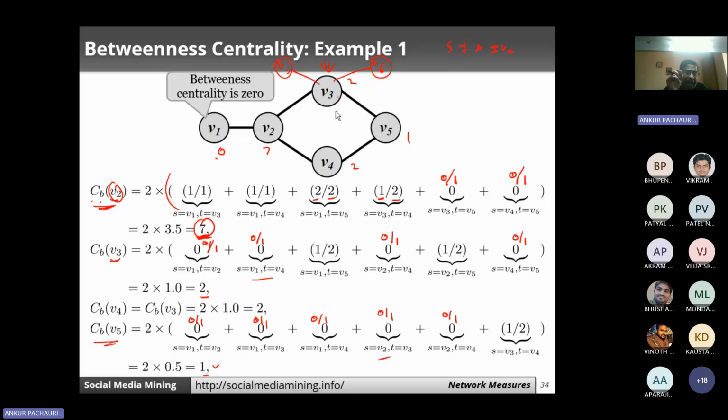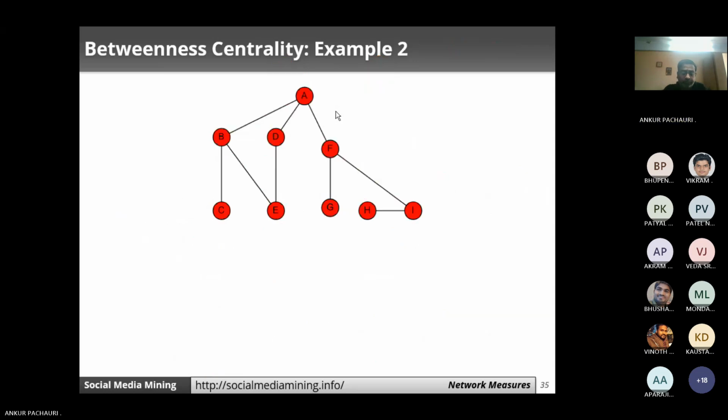Now, the higher the betweenness centrality is, the weaker the point is in the graph. So nodes with the highest betweenness centrality will be the weakest points in the graph, where if you attack, you will decrease the connectivity of the graph.